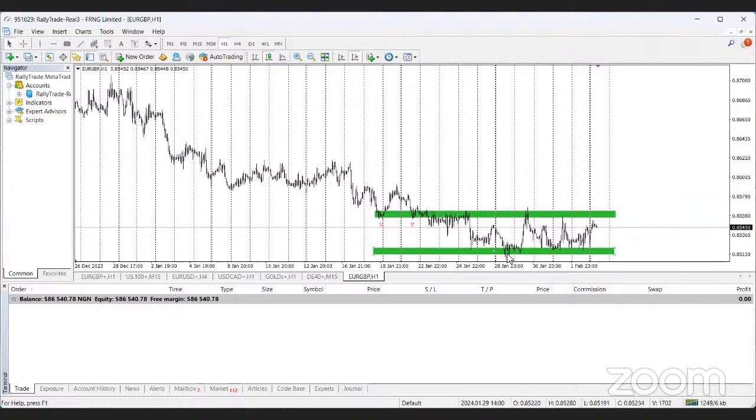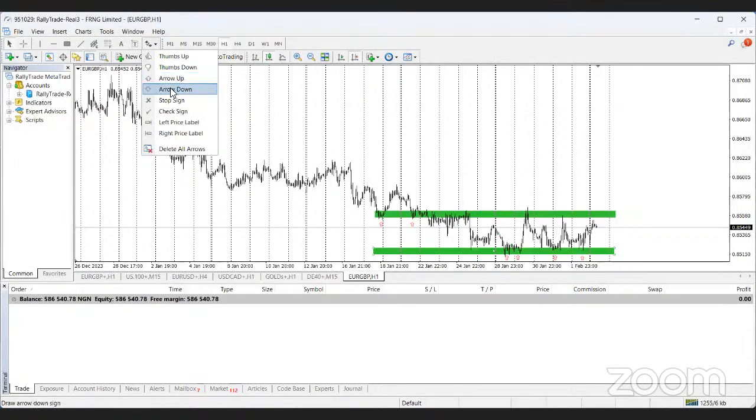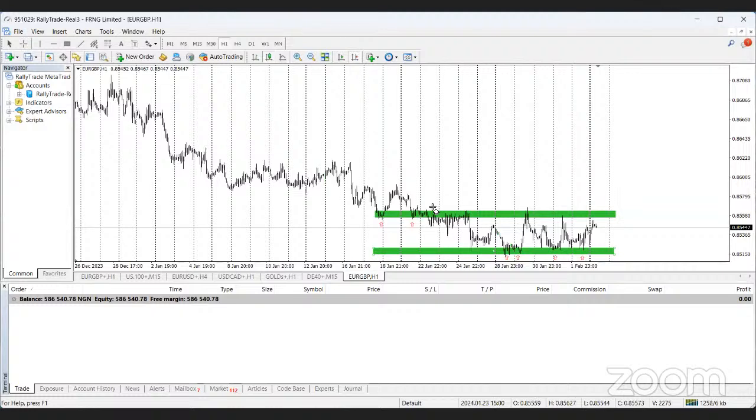So this place is currently support, currently support, currently support. Those are support regions that we could see on the screen. And of course, we also see these zones as resistance. Let's mark these zones as resistance. Currently resistance. Currently resistance. So right now, the price is currently approaching resistance.